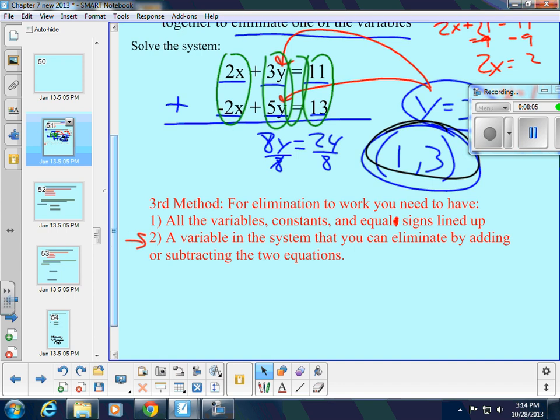Elimination is a very slick way of solving a linear system. It gets us right to a one-step equation pretty quickly, and I can plug that back in and easily find my other coordinate. It is very slick, but it has to be set up correctly. As long as we get it set up, I can use this method.